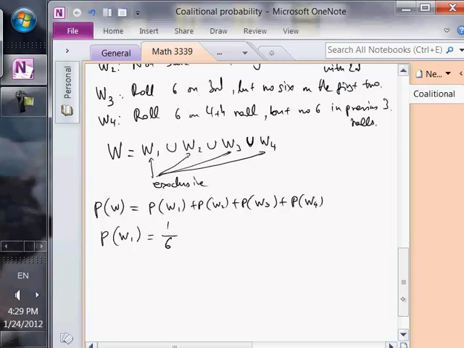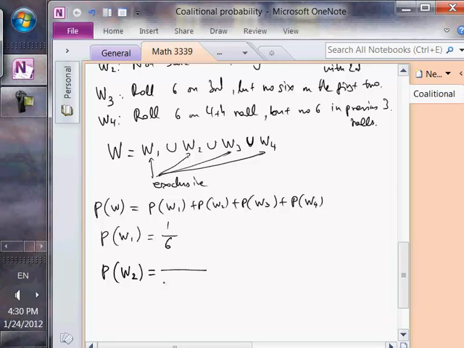What is the probability of W2? I hear many answers. Okay, let's see. Think a little bit, just give it a moment of thought. Number of favorable outcomes over number of all outcomes.